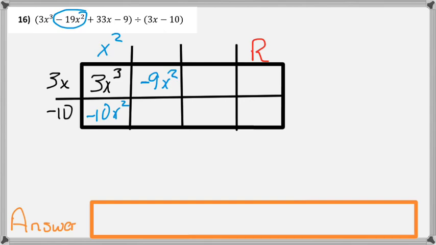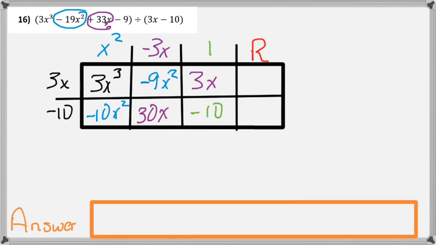I divide that, and I come up with a -3x. And then multiply that times the -10, that gives me a 30x. And 30x plus what? It's going to give me that 33, and that would be a 3x. I'm going to divide, and that gives me a 1. 1 times -10 is -10.